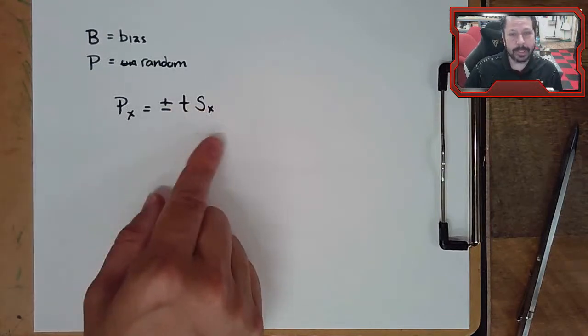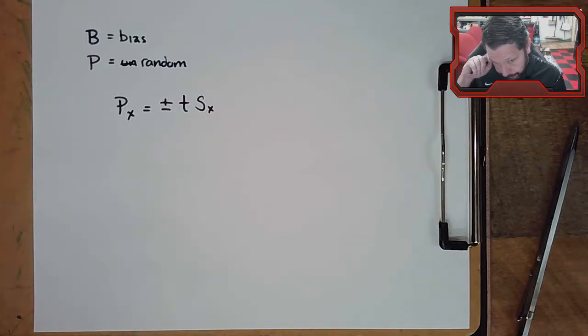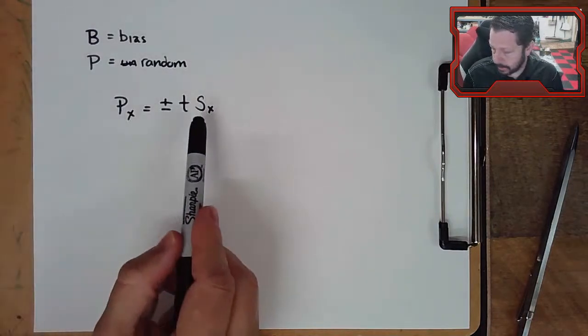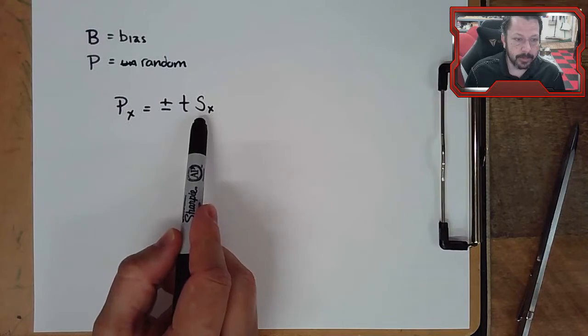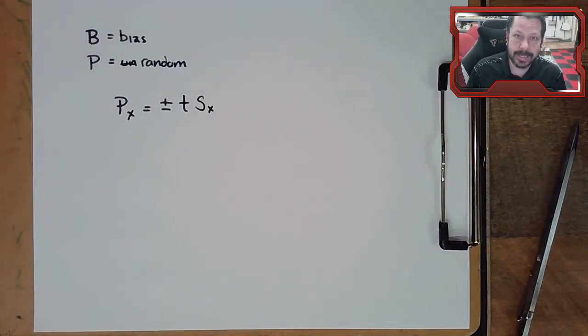So one way that we deal with this is we use a standard deviation from a previous sample. So maybe you've already taken measurements before and you have this information about standard deviation, still sample standard deviation.